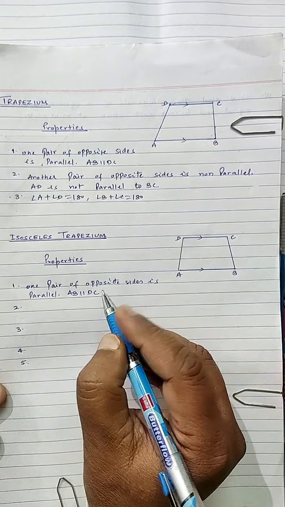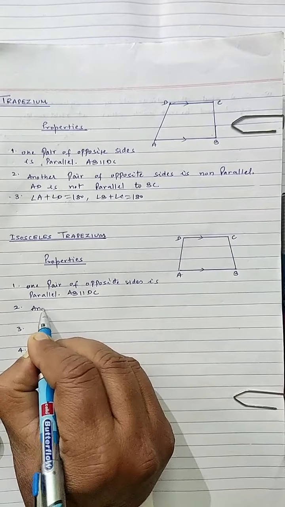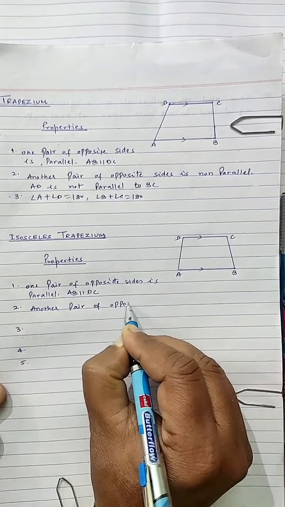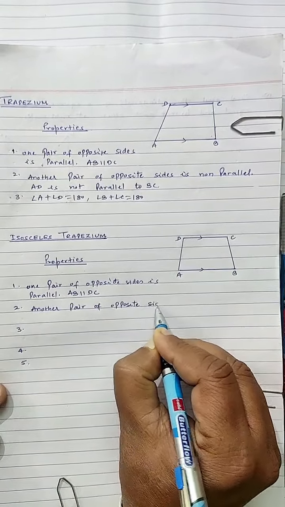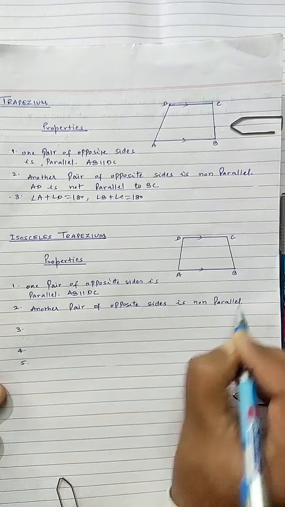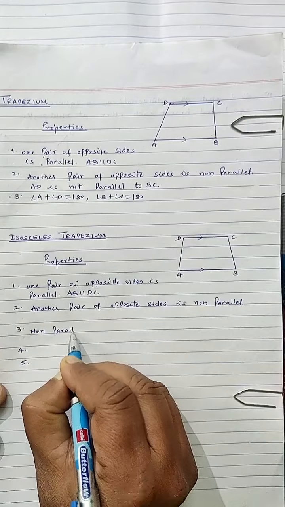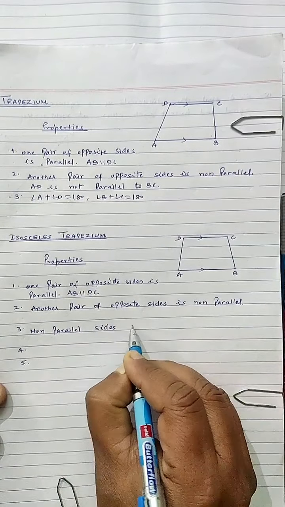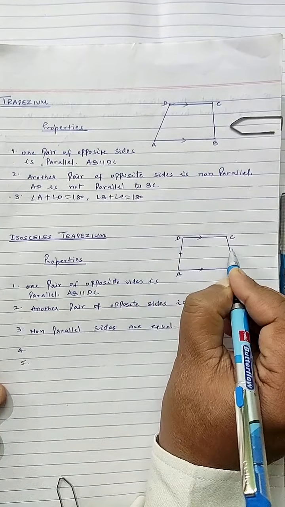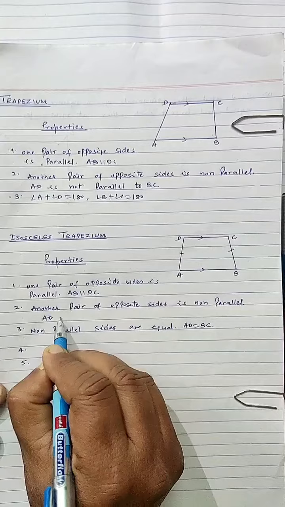Another pair of opposite sides is non-parallel. Non-parallel sides are equal. Isosceles means two sides are equal. So these non-parallel sides AD and BC are equal.